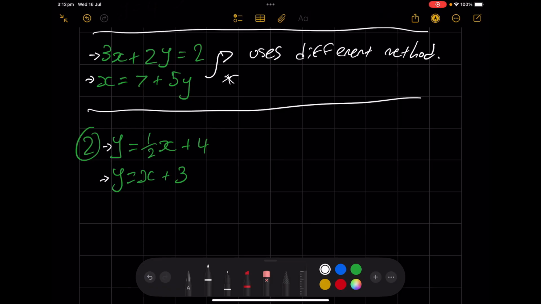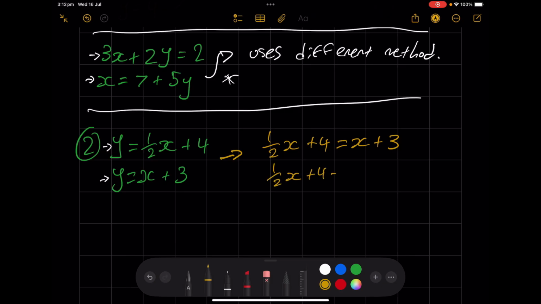So we will do the exact same thing that we did before. We take both of these and we write them out. 1/2 x plus 4 equals x plus 3. And what we want to do is isolate the x. So I will follow the same rules.